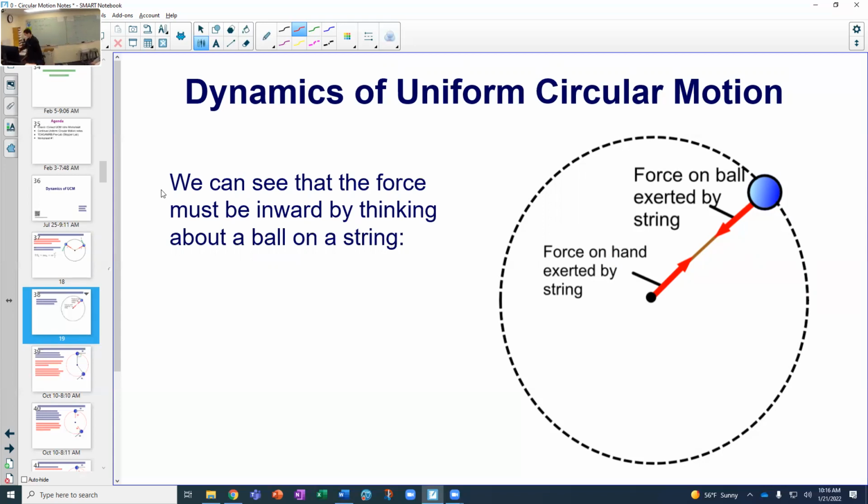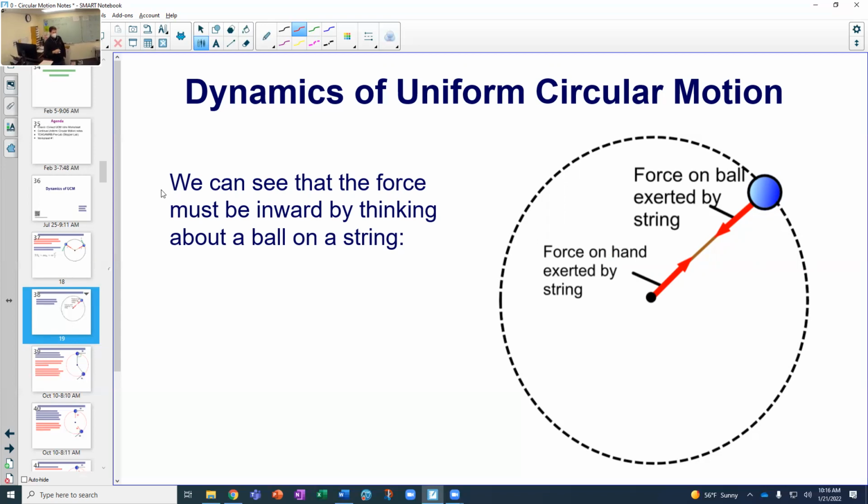And in order for it to swing in a circle, there must be a force pulling it back to the middle, and we can see it would be the force of the string pulling on the ball. So the force of the string, or the tension in the string pulling the ball in, would be the centripetal force for this scenario.